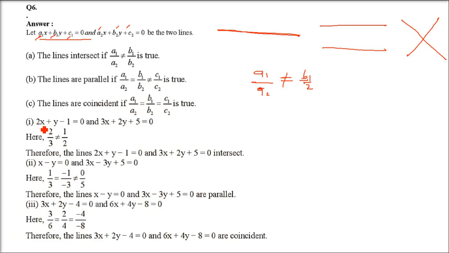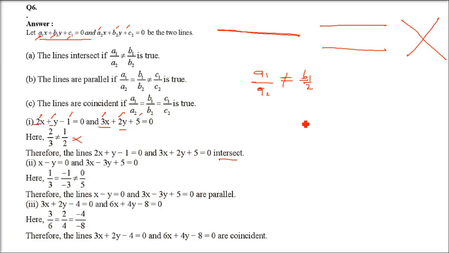So the first part: 2x plus y minus 1, a1 is 2, b1 is 1, and c1 is minus 1. Here a2 is 3, b2 is 2, and c2 is 5. Now if you take a1 by a2 and b1 by b2, 2 by 3 and 1 by 2, they are not equal, so they are intersecting.